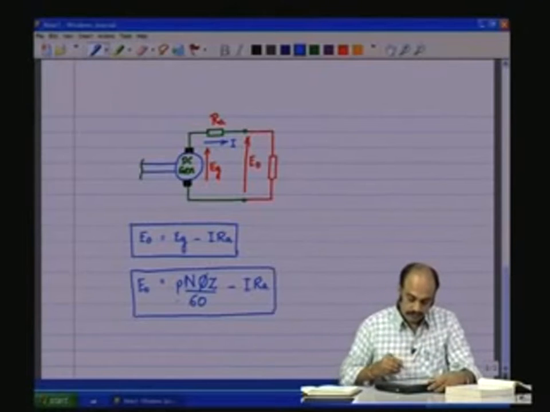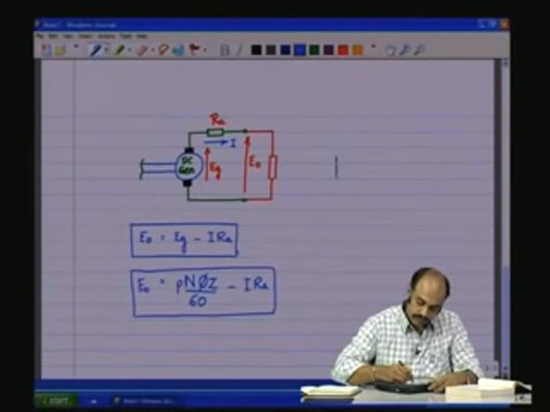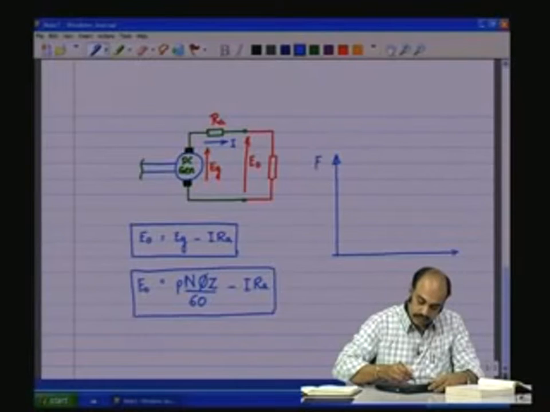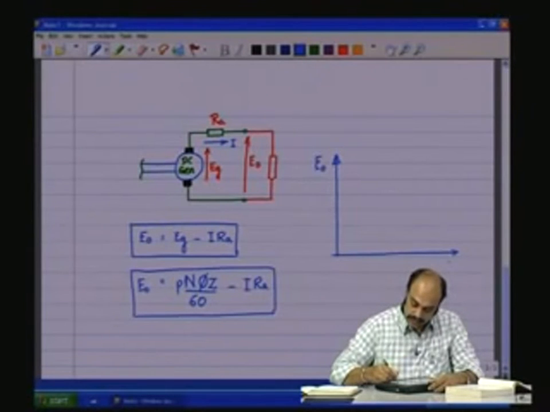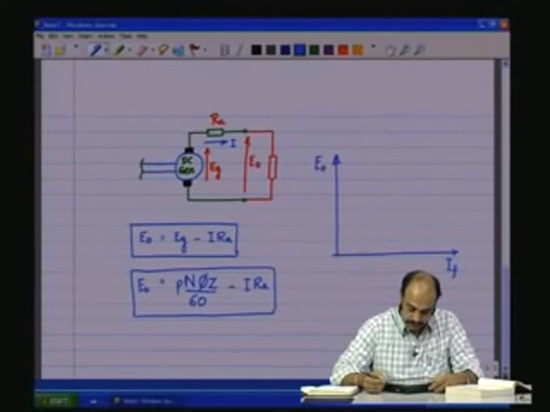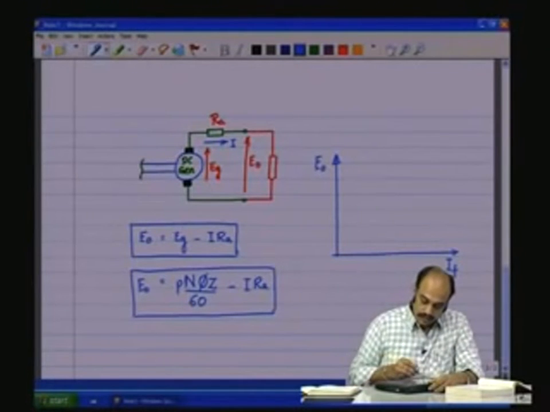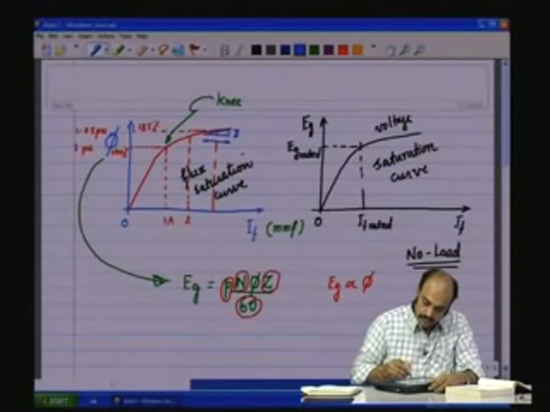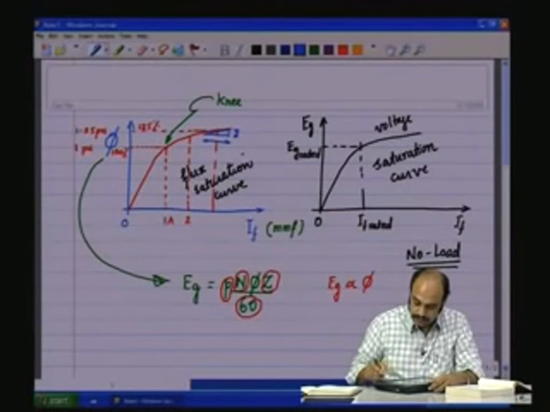Now, if you plot E naught versus IF, what would one obtain? Now, we saw in the previous graph that Eg and If are given by this voltage saturation curve.